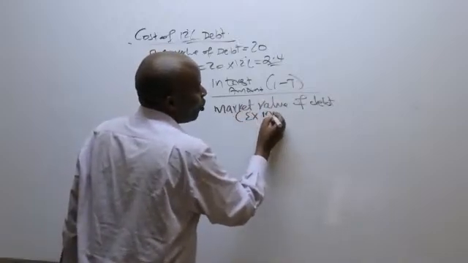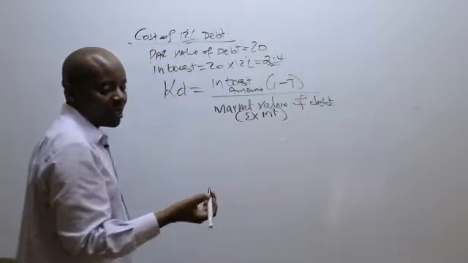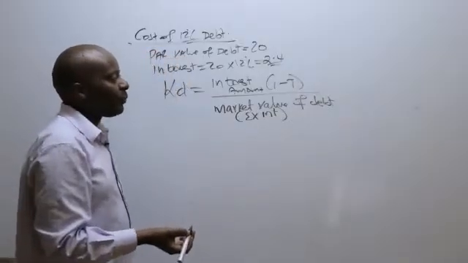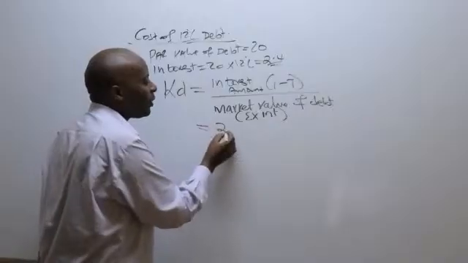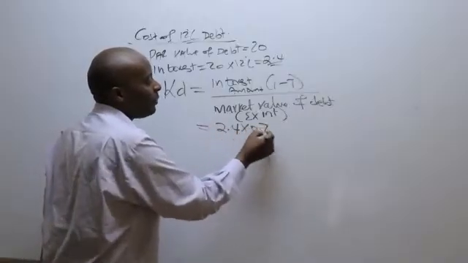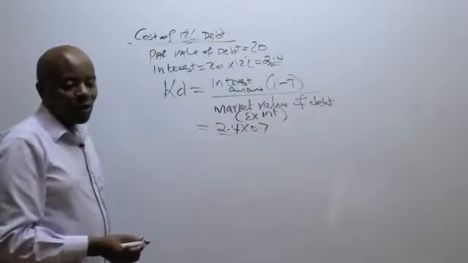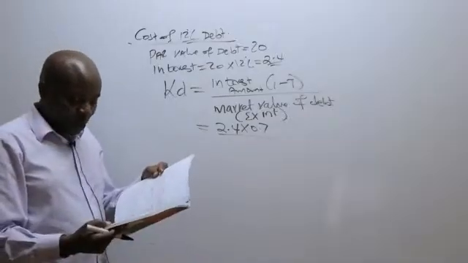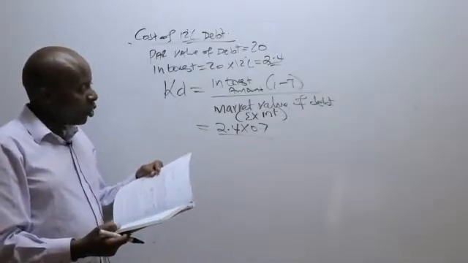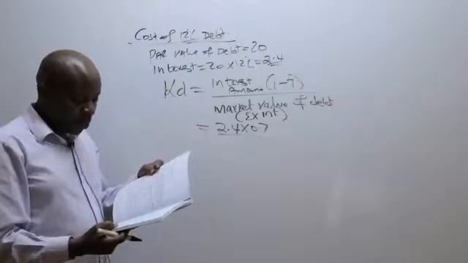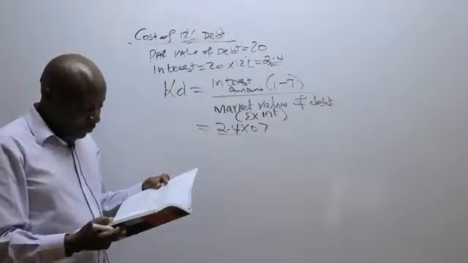In this case, we talk of X int, X interest. So the interest amount that you guys have given me is 2.4 times 0.7, all over the market value of debt.